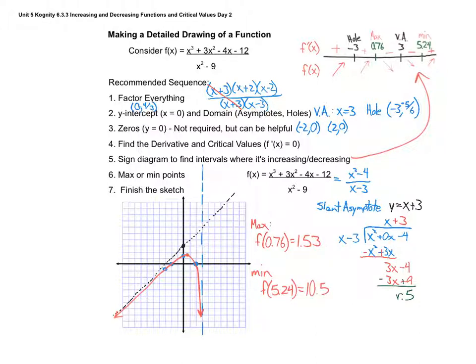So notice at 5.24, we're at 10.5. So that's going to be right about here. Now, we don't have any other points on this. All we have are the asymptotes to help us with the shape. So we know it's coming down from positive infinity. It's going to hit this minimum point, and then it's going to start going up as it approaches that slant asymptote. And there we have a really pretty accurate drawing of what this function will look like.